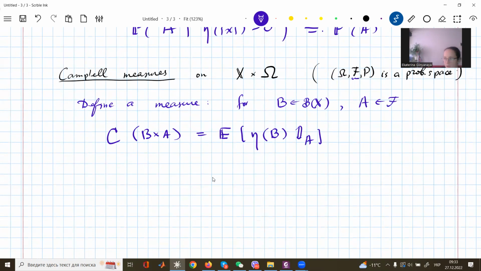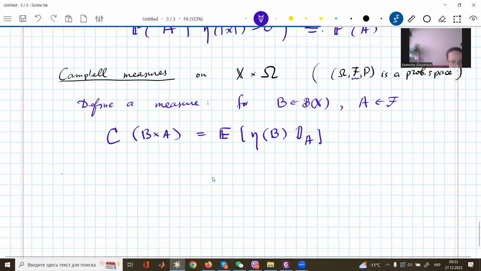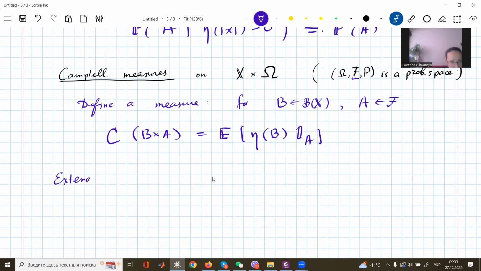And then we extend measure C to all subsets of the sigma field defined on the product of these two sigma fields.